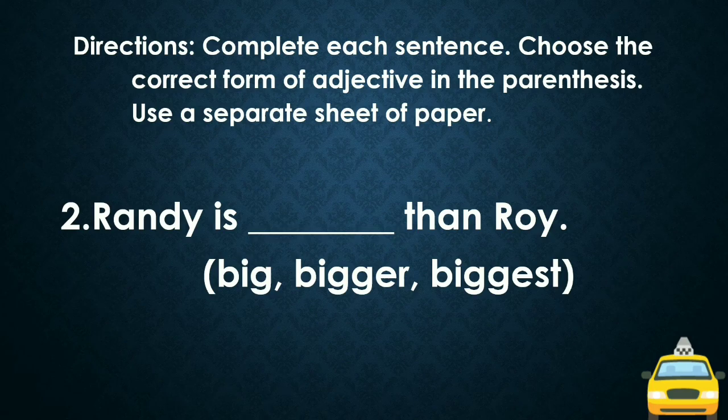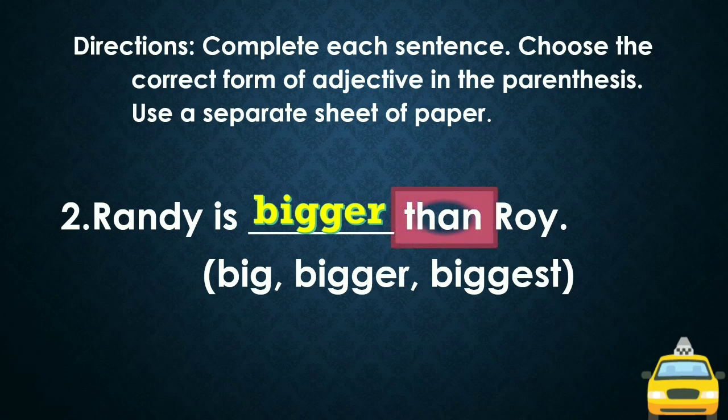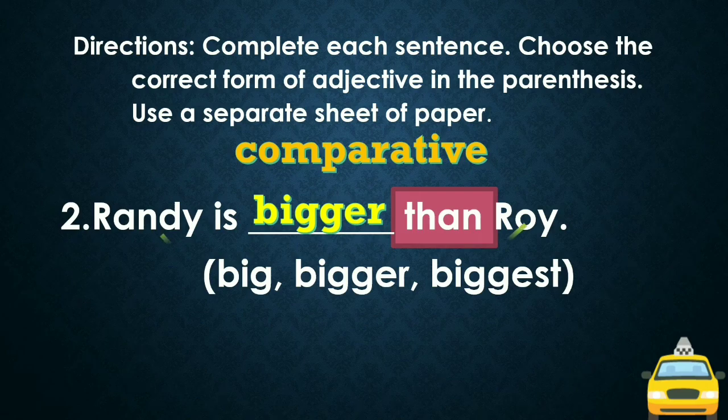Number 2, what's the answer? Bigger. Why? Because it compares two persons, Randy and Roy. It is comparative. What is the word clue? It is than. It is comparing two persons. Comparative.